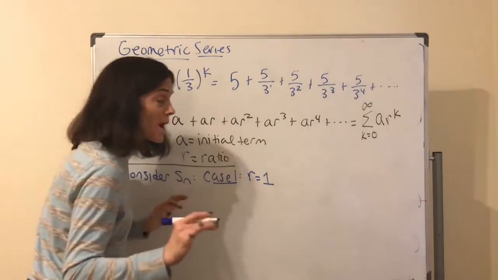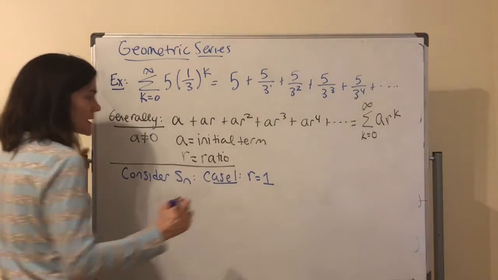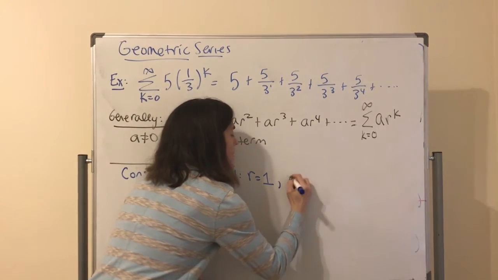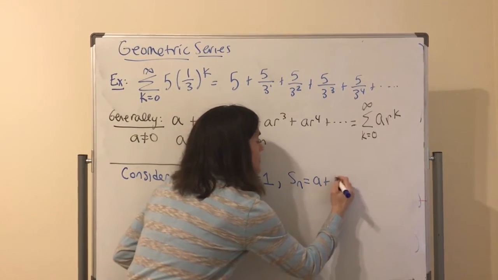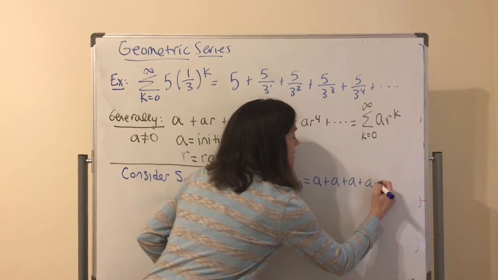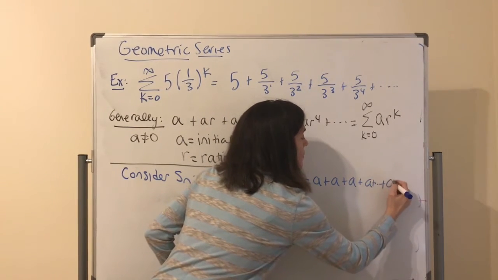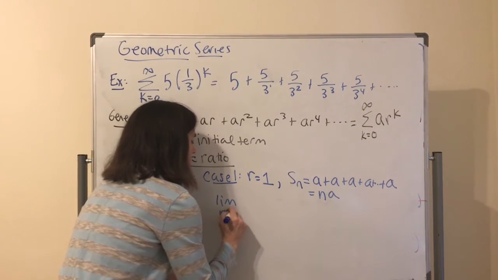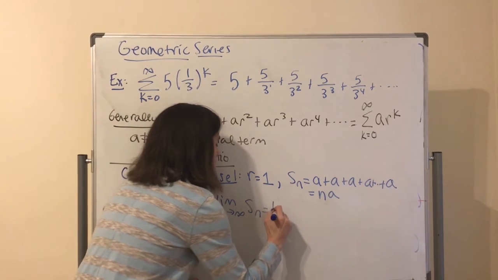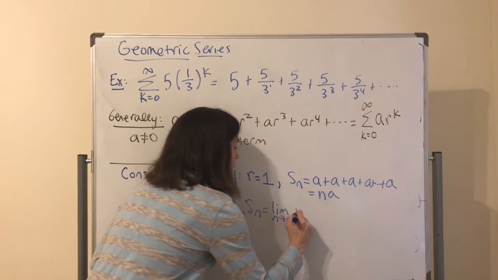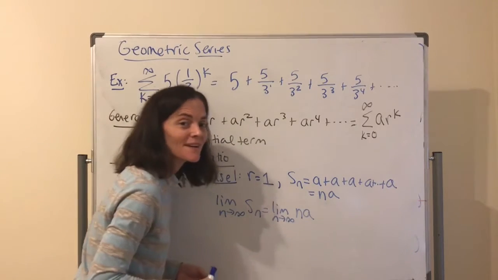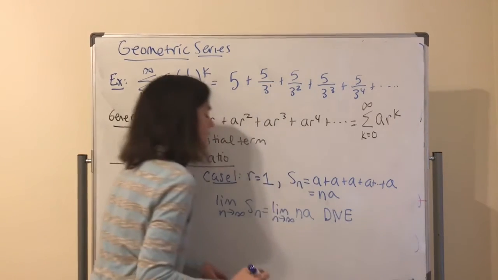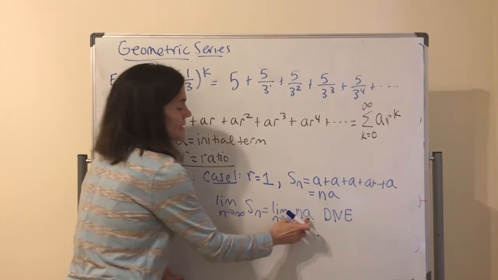If r is 1, this is quite easy to figure out Sn, because every single term is a, so Sn is just a plus a plus a plus a, which is n times a. Certainly the limit as n goes to infinity of Sn, which is the limit as n goes to infinity of n times some non-zero number, does not exist, because a is non-zero.